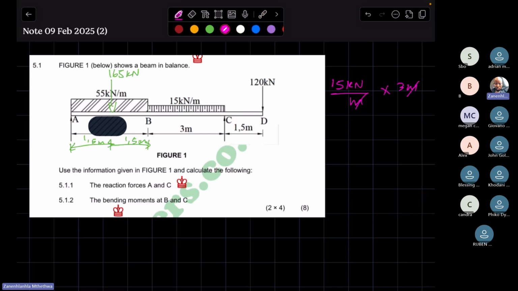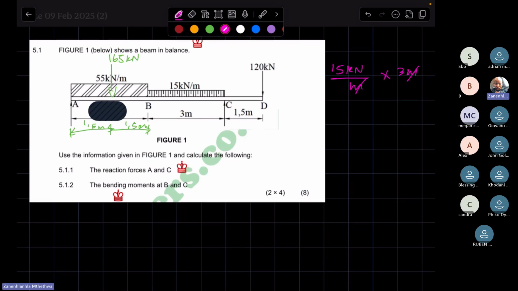Now what is 15 times 3? 45. 45 kilonewtons. So this represents the weight of this UDL that's acting there.